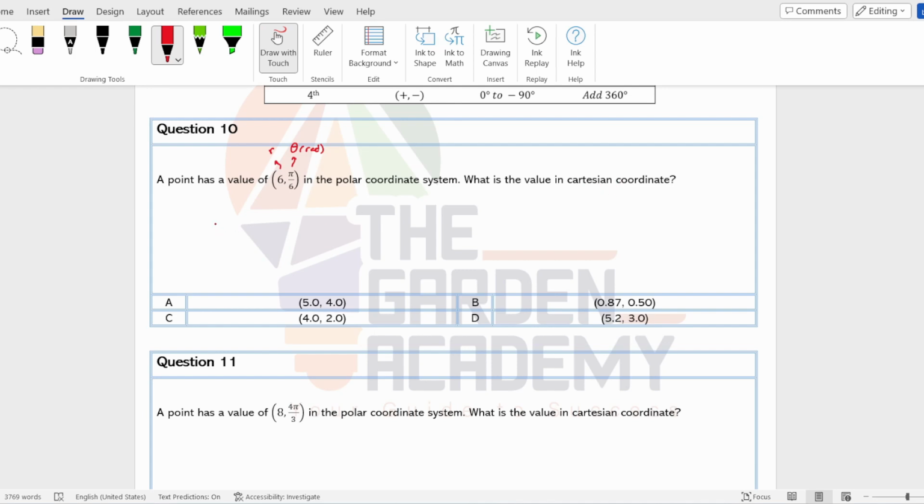طيب we should know that x is equal to r cosine theta and y is equal to r sine theta. نعوض مع بعض.